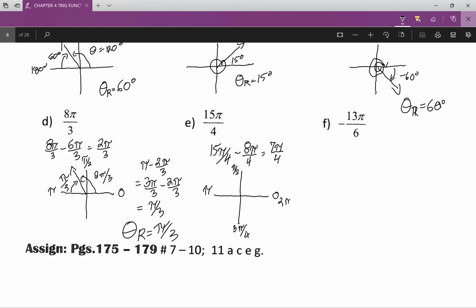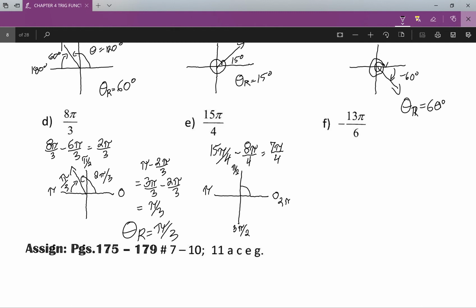We know that 7 pi by 4, 7 divided by 4, is equal to about 1.75. So right here, that's 3 pi by 2, not 3 pi by 4, my bad.